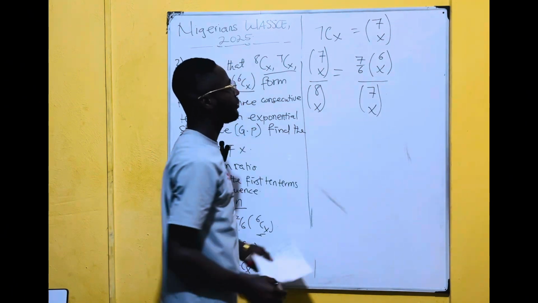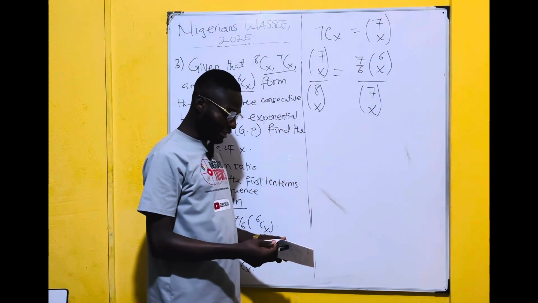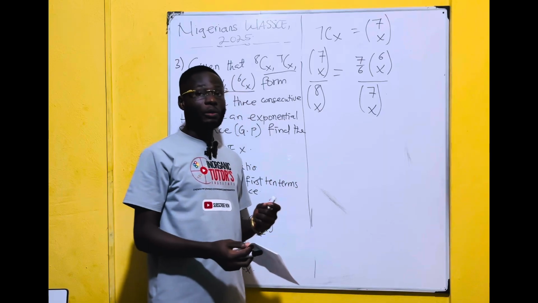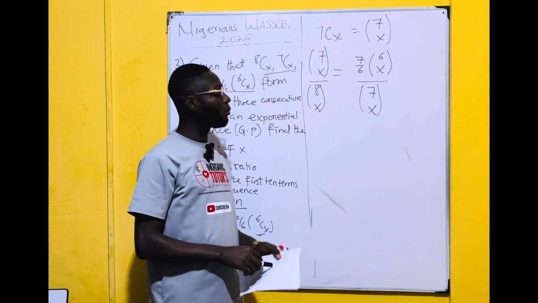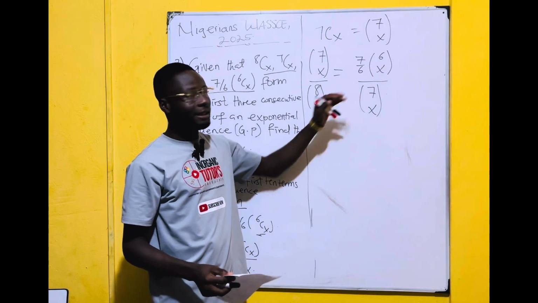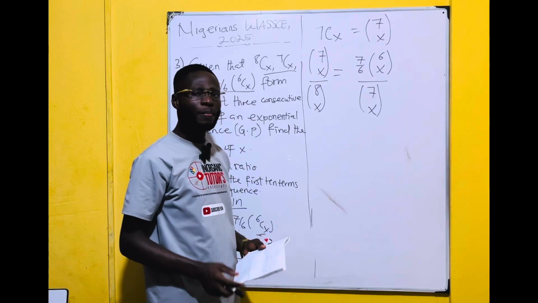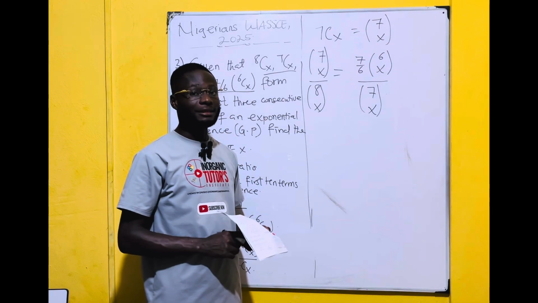Okay, right. So from here, what we have to do is that they are consecutive terms of a GP. So the common ratio will satisfy this, right? So what we have to do next is use some identities.